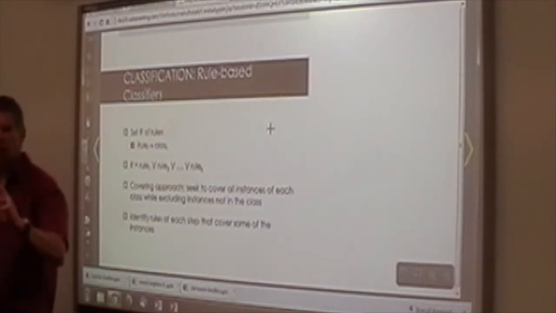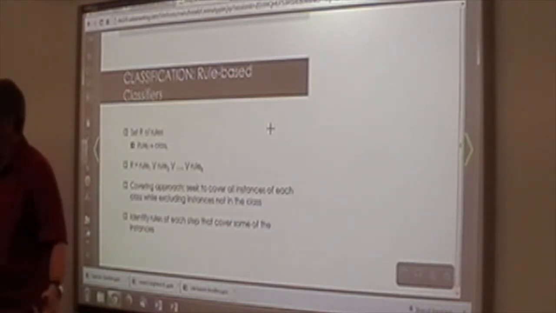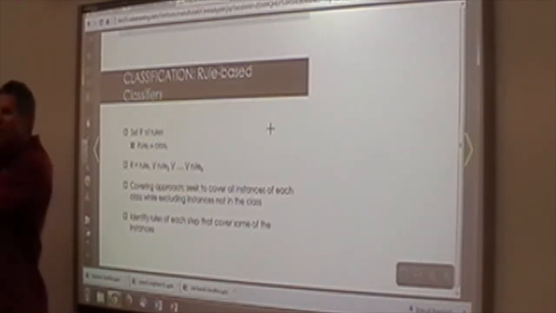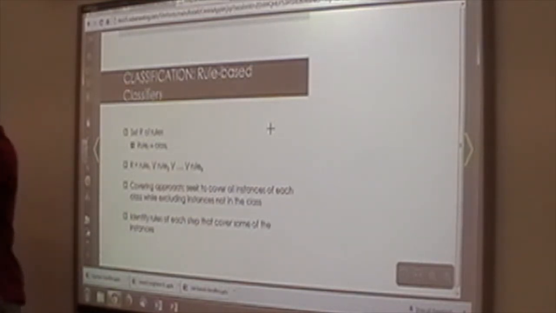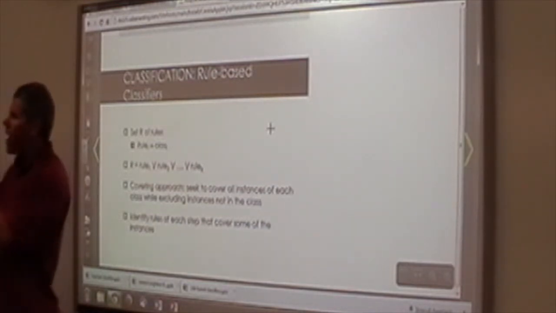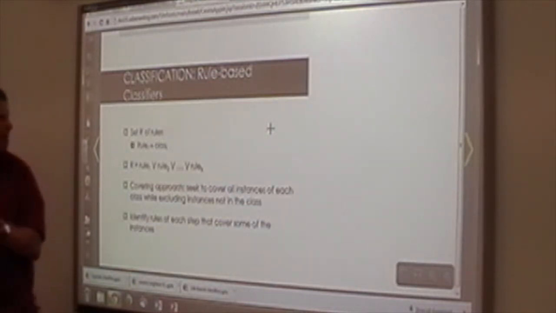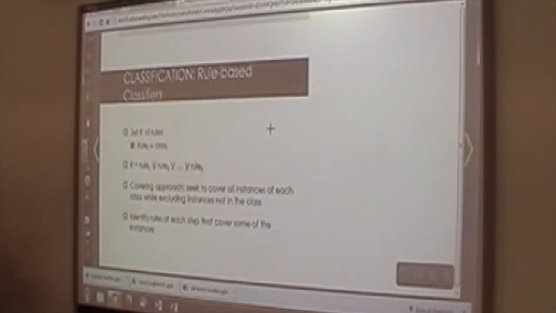This time it's going to be more of a bottom-up approach. We're going to look at the instances and the different classes that we end up with, and then try to come up with rules that cover each of those instances, while excluding instances not in that class.